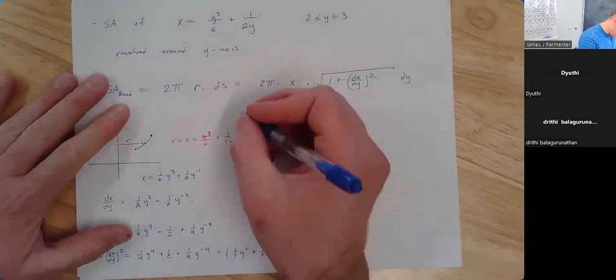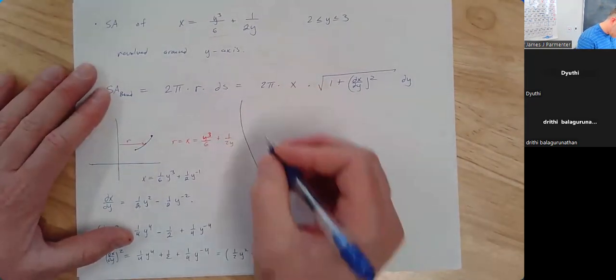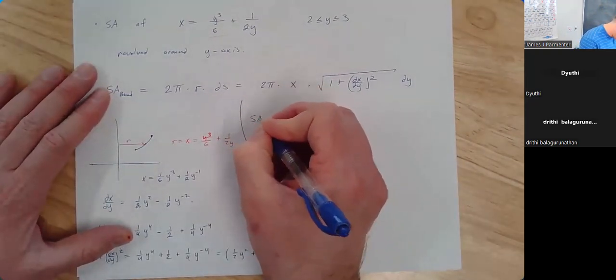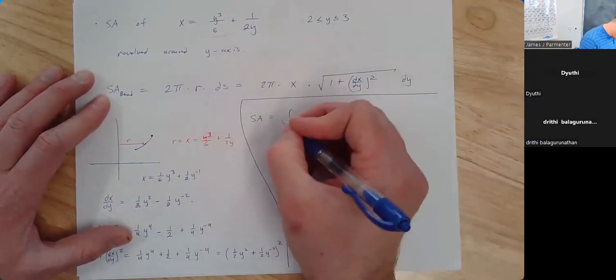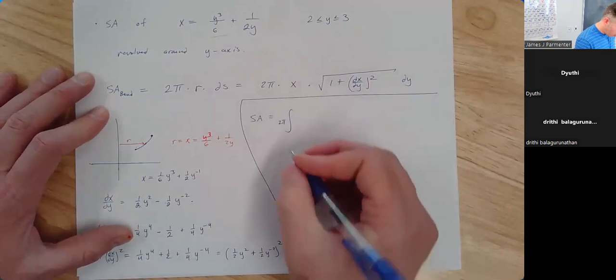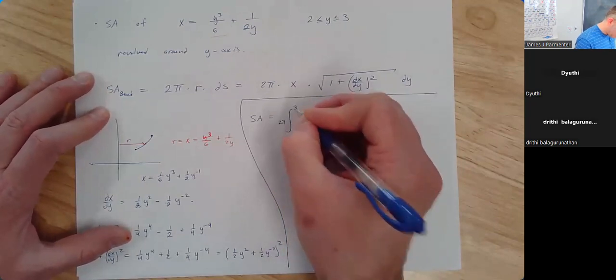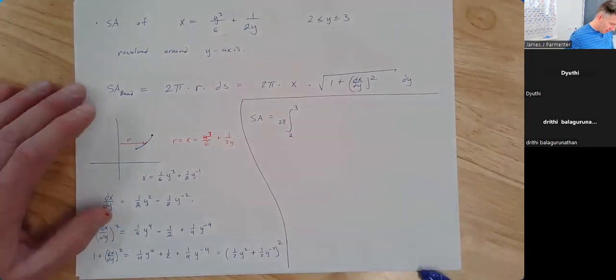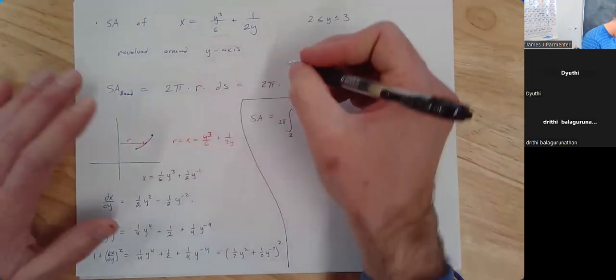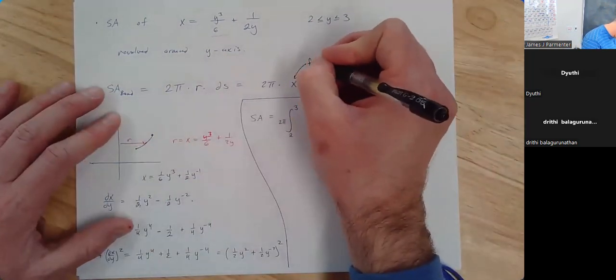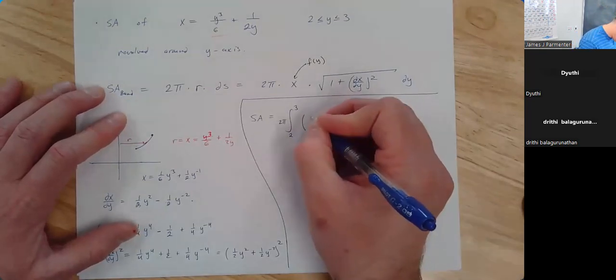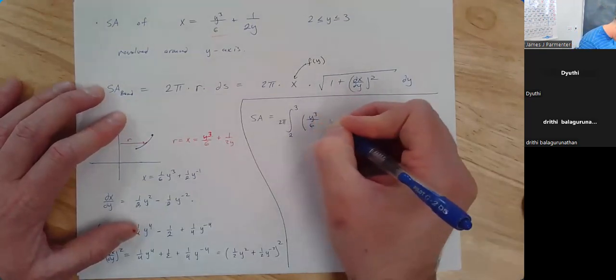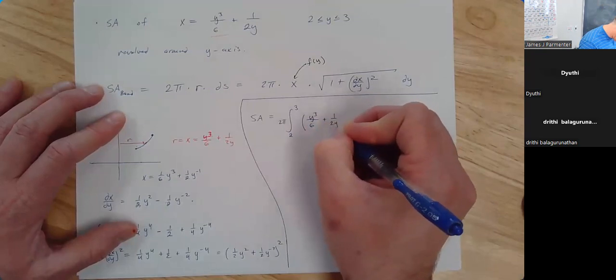Okay, so then we can say that our actual surface area is going to be the integral. Let's put the 2 pi out in front, from y equals 2 to y equals 3, of our x, which we should be replacing with the function of y. That's going to be y cubed over 6 plus 1 over 2y.